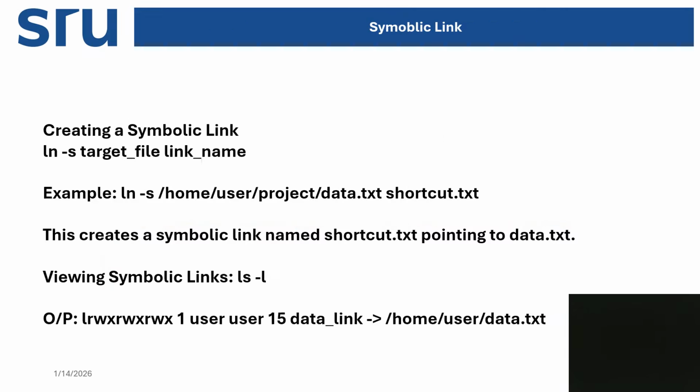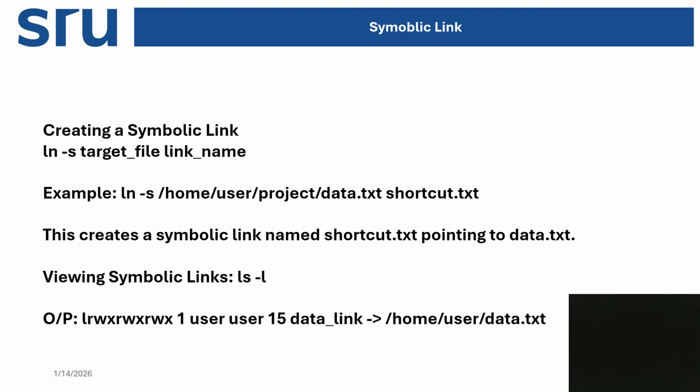Next, how to create a symbolic link? Here the command is ln -s, meaning soft link, then the target file, which is like the original file in the previous figure, and a link name, where you can give some name to the link. Here is an example: ln -s /home/user/project/data.txt, which is the location of the file.